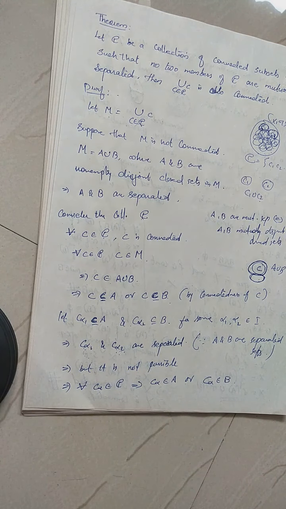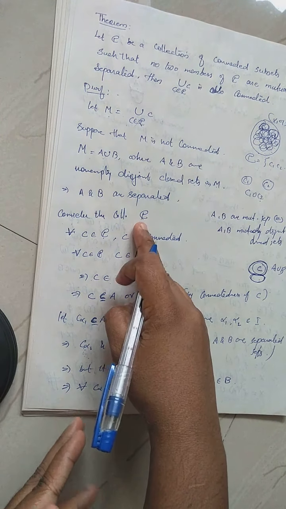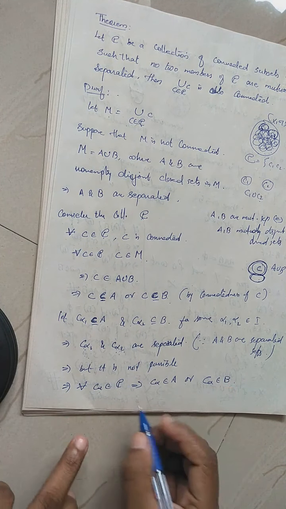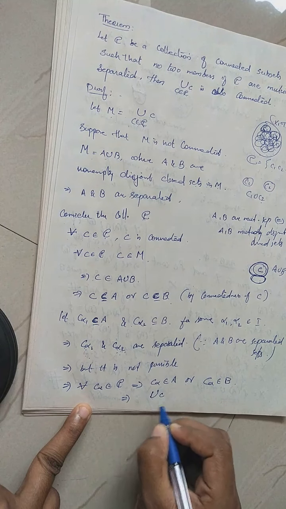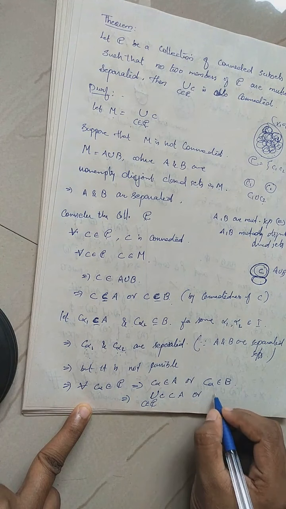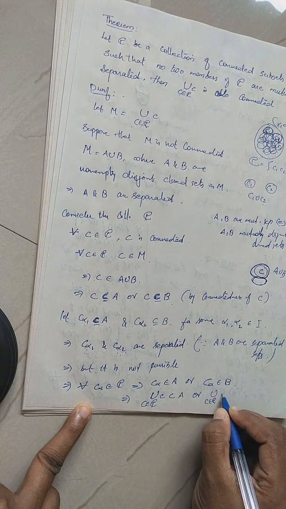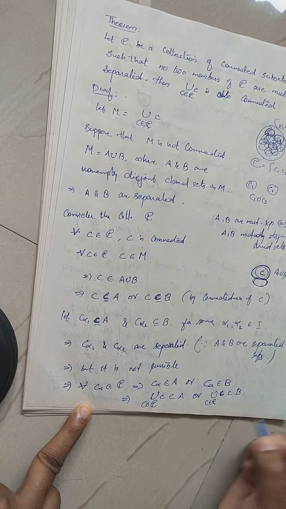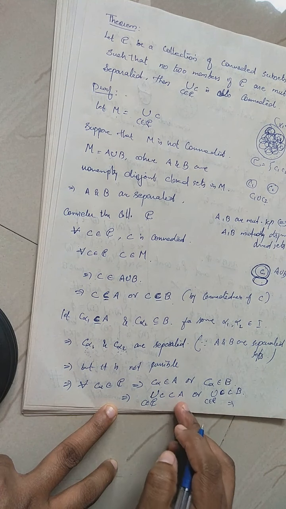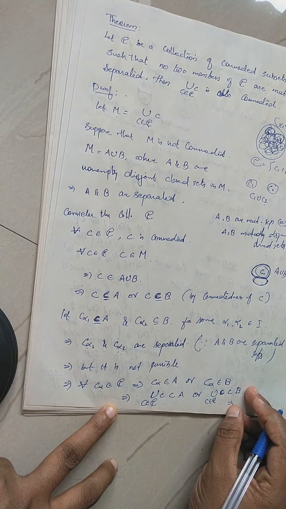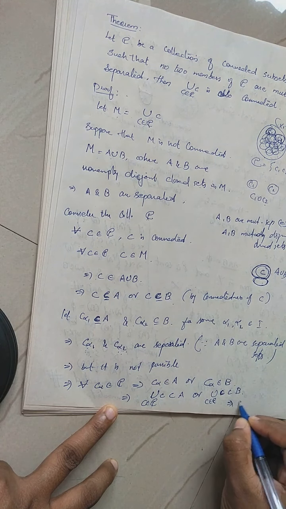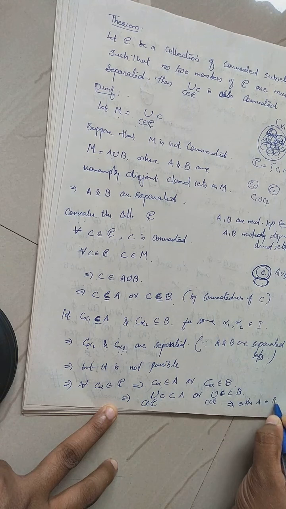That means the collection C consists of elements C such that they are always in either A or B, which implies their union, the union of C in script C, will be contained either in A or in B, right? So this collection is contained either in A or in B, which means either B or A must be empty.